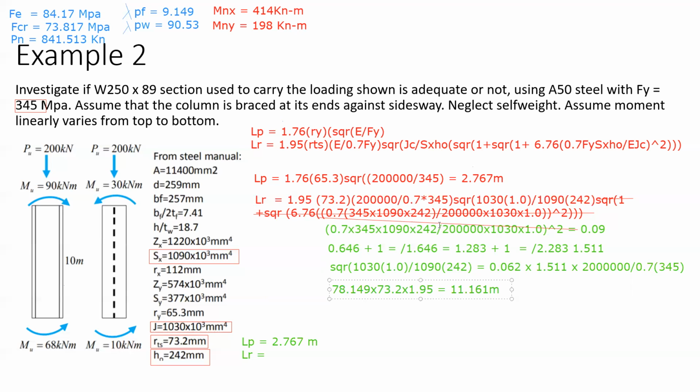Pero at least we were able to get LP and LR. So let's write that here. We have LP is 2.767 and our LR is 11.161 meters. Okay. So after getting the lateral torsion, we move forward to this area.